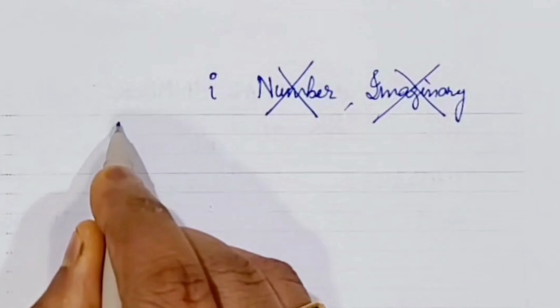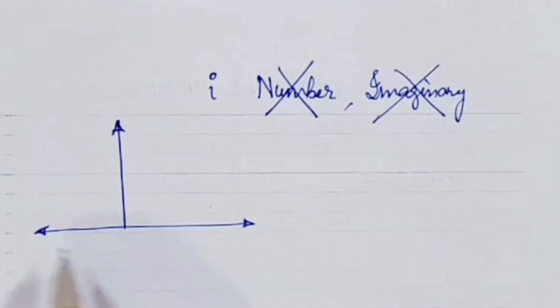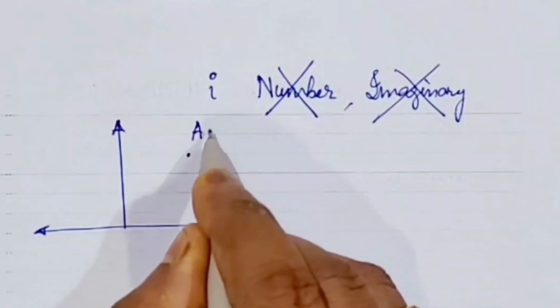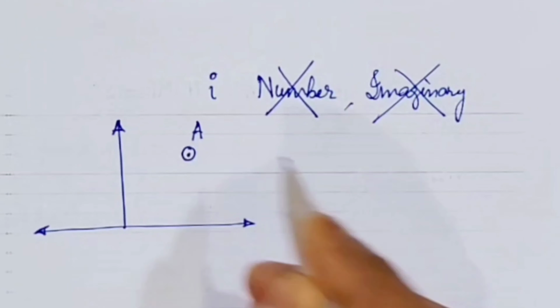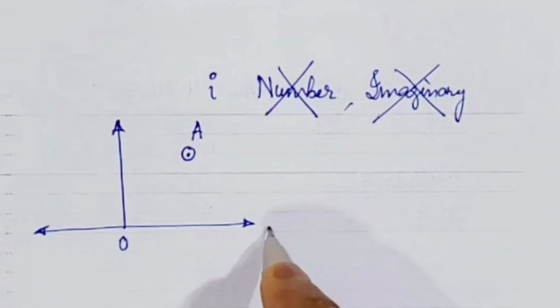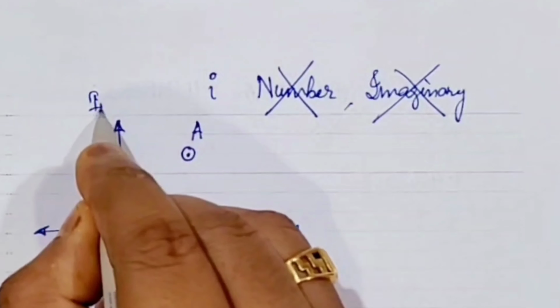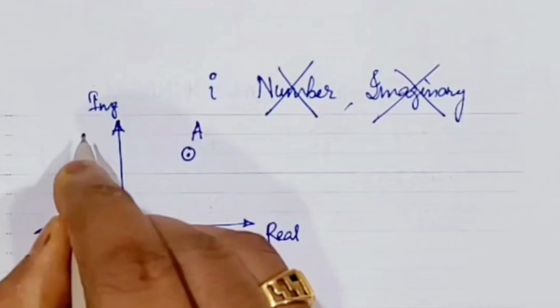As we have already discussed in our previous lesson, if I have a point A here in the 2D axis, where this is my real axis and this is my so-called imaginary axis, or rather let's say this is my x-axis, this is my y-axis.